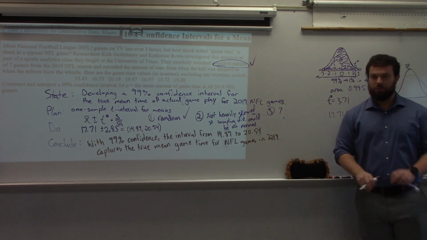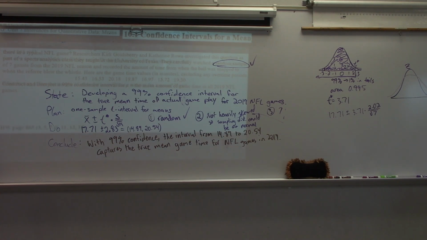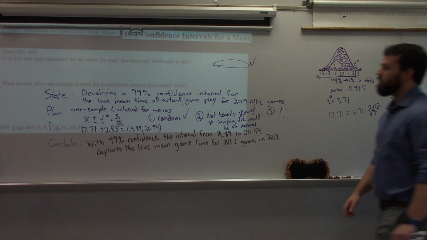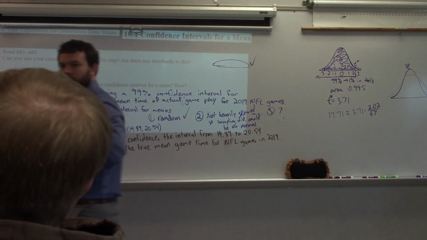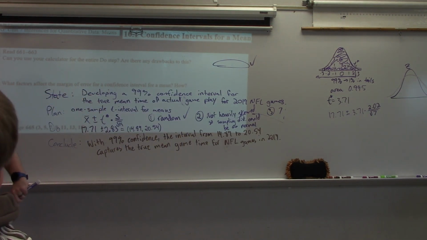One of the big things I'm going to say is this. Our conclusions were rough on the free response, and that's because we did not do the state portion well. It is hard to do a good conclusion without a good state at the beginning. Okay? So for state, every time do you fully write all that out, or can you just, for the hypothesis test, I've just been putting the hypotheses.